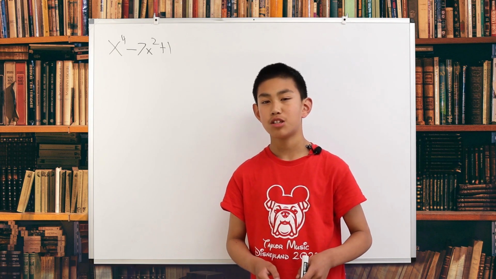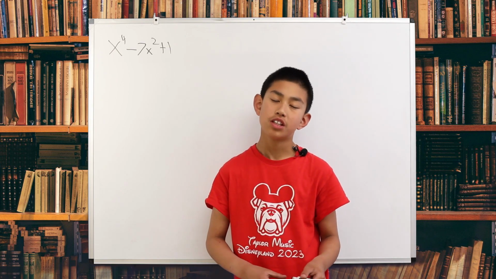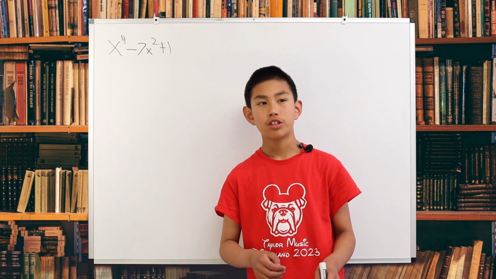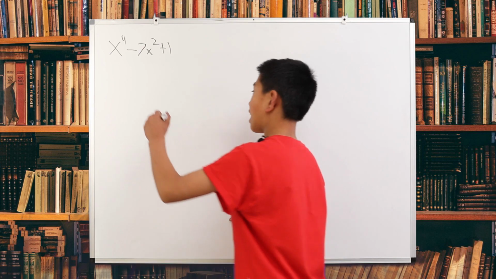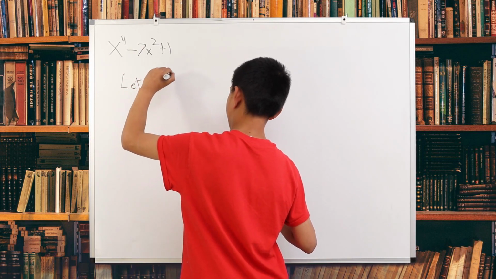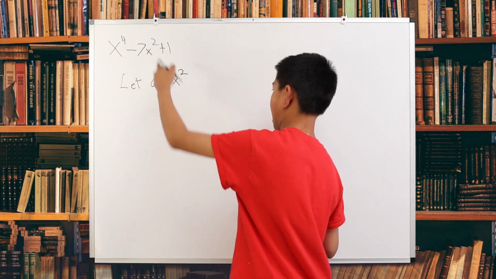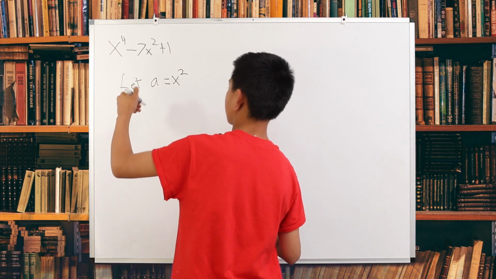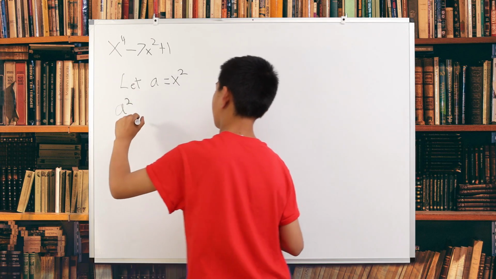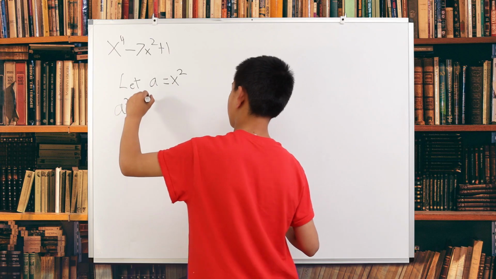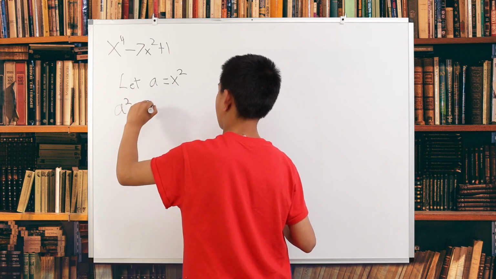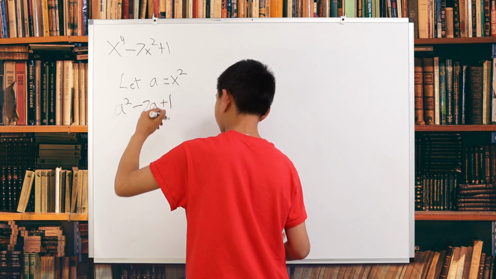Now, what I didn't explain earlier in the video was that there's actually a second solution. And to make it a lot simpler, let's let a equal x squared. Now we can put a into the equation. So x to the fourth, that's just a squared. So a squared minus 7a plus 1.